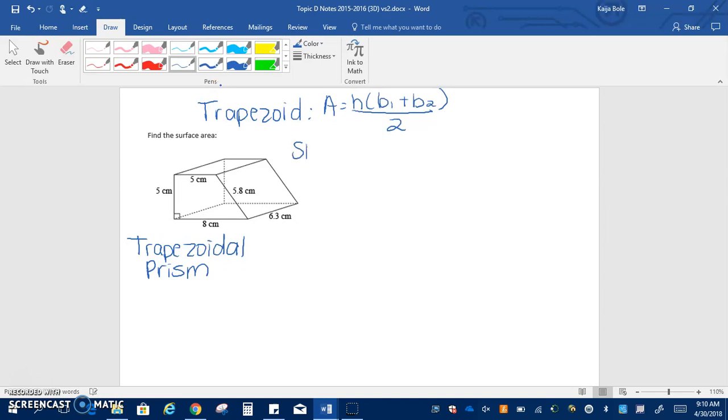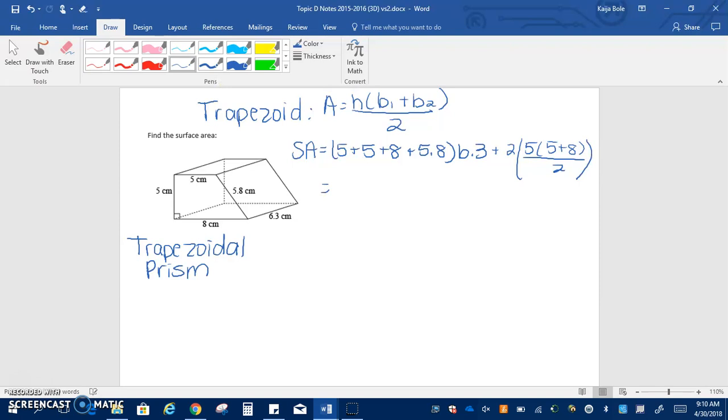So we have surface area equals perimeter of the base, which is 5 plus 5 plus 8 plus 5.8, times the height that connects the two bases, so times 6.3, then plus 2 times, so our height here is 5, our two bases are 5 plus 8, and then all of that divided by 2.